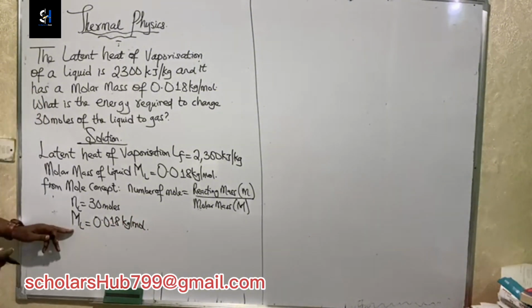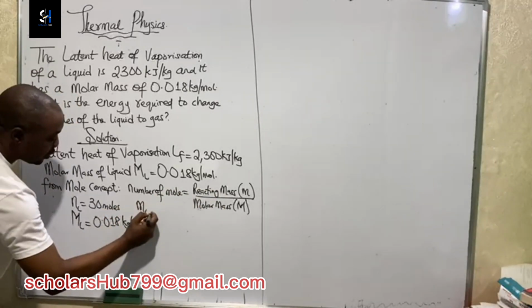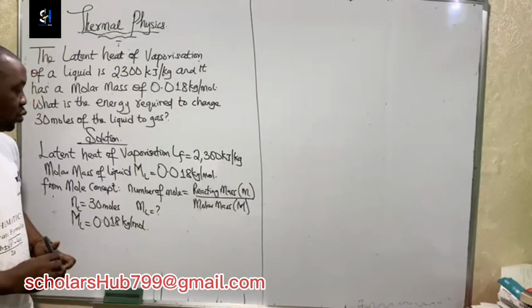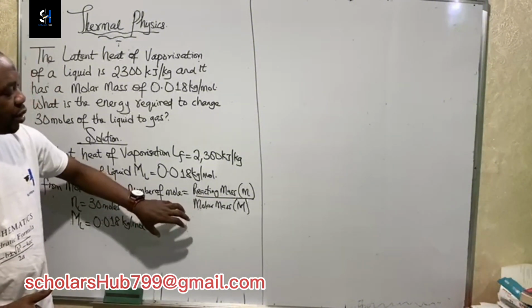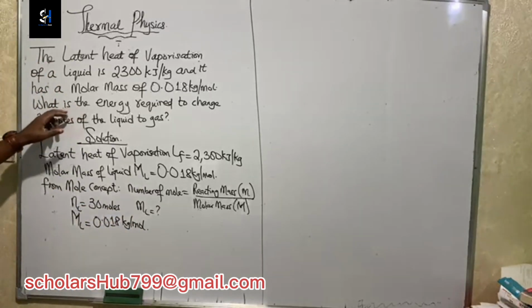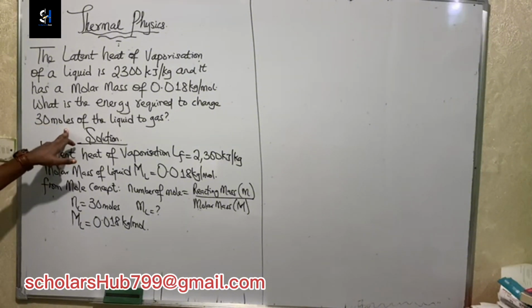But we want to find out the mass of the liquid. We need to first calculate the mass of the liquid, because it is only when we know the mass of the liquid that we can calculate the energy required to change 30 moles of the liquid to gas.